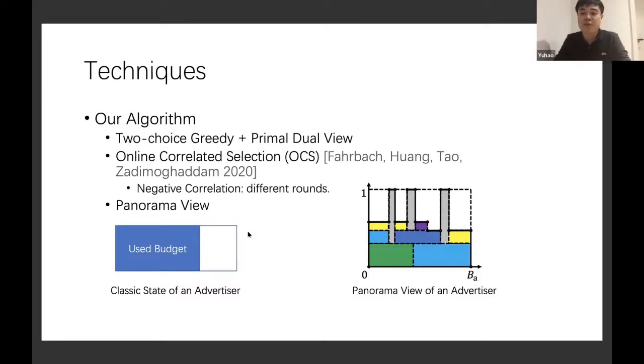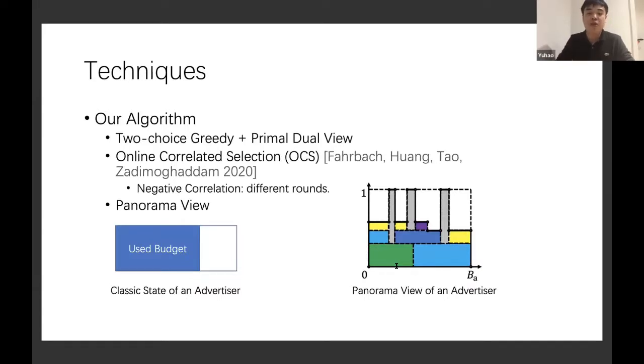But in the panorama view, we view the advertiser as an interval from 0 to B_A. B_A is its budget. And for each point on that interval, it has a height. And the height is at most 1, meaning the matching probability of that point.